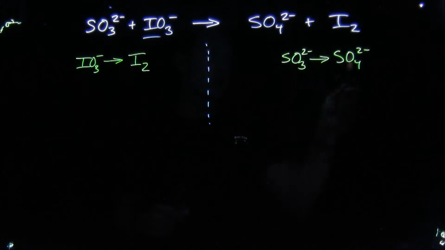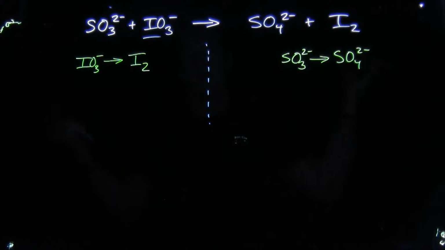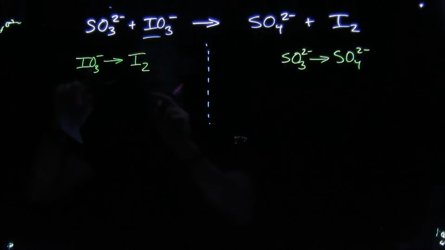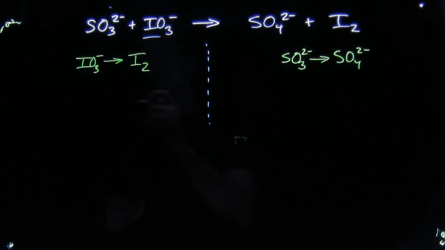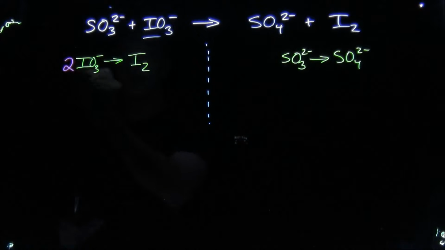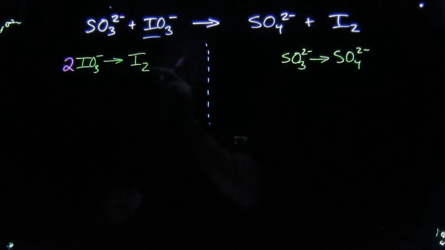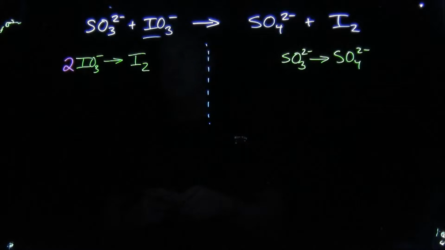In the sulfite-sulfate reaction, you've got one sulfur, so that's already balanced. But iodate only has one iodine, and elemental iodine is I2. So we need to balance that by putting a 2 out front. So 2 of the iodates will react and form 1 of the elemental iodines.